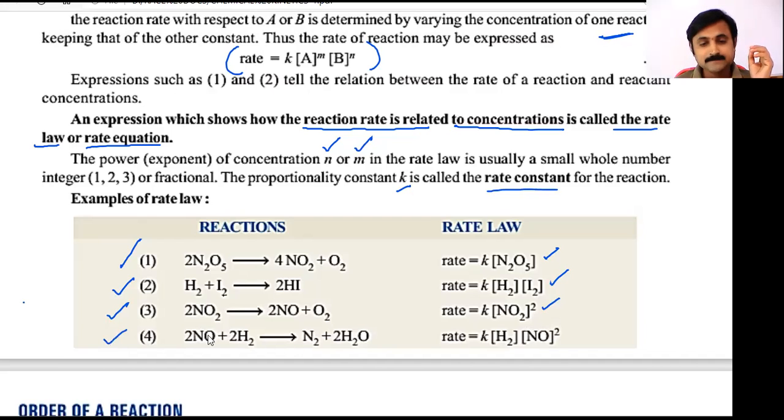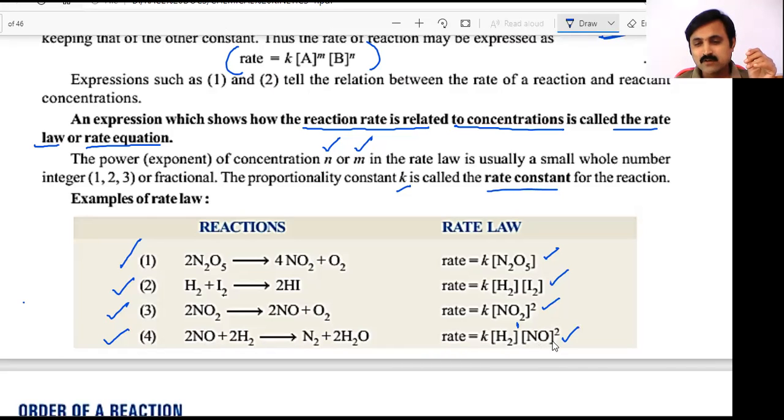In another equation, 2NO plus 2H2 giving rise to N2 plus 2H2O, the rate expression is given with the concentration of H2 to the power 1 only and the concentration of NO to the power 2.